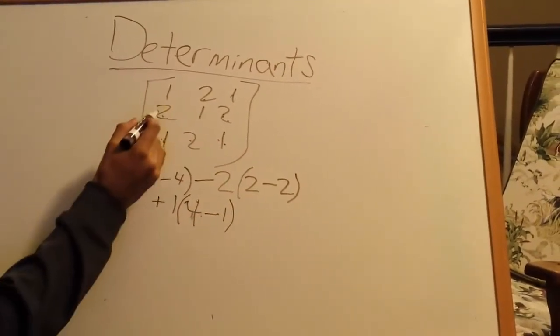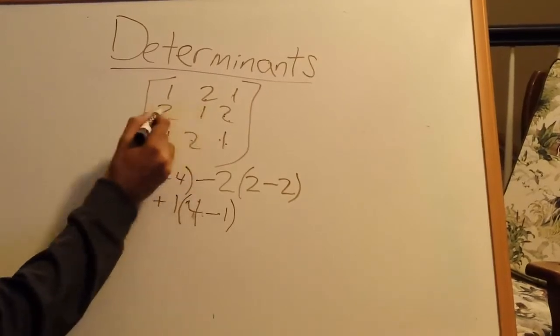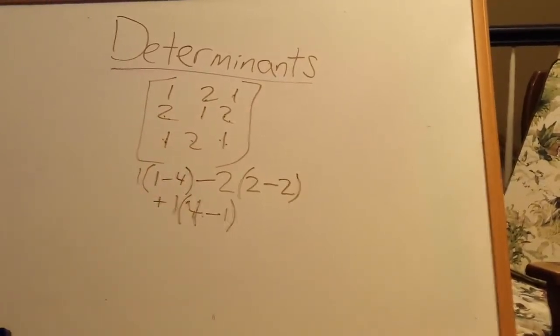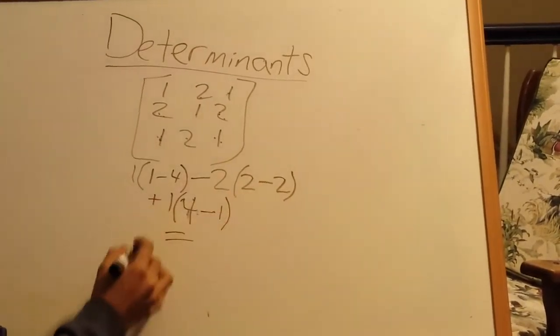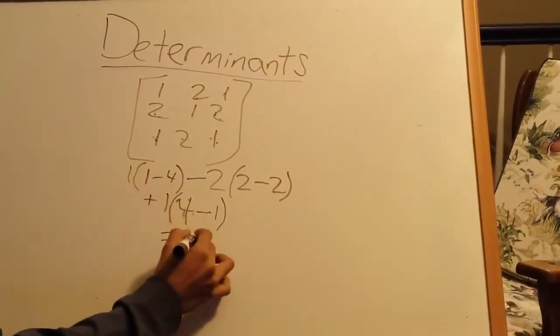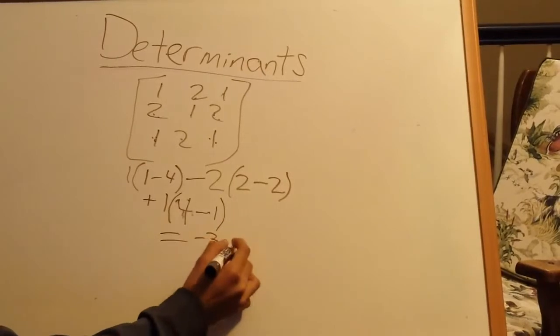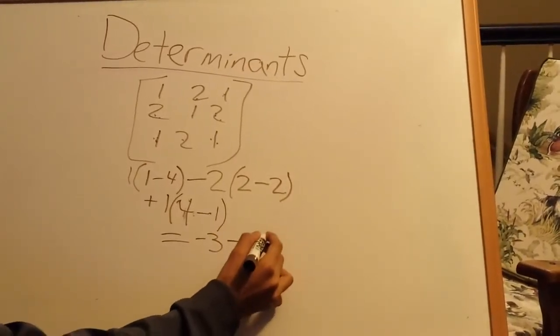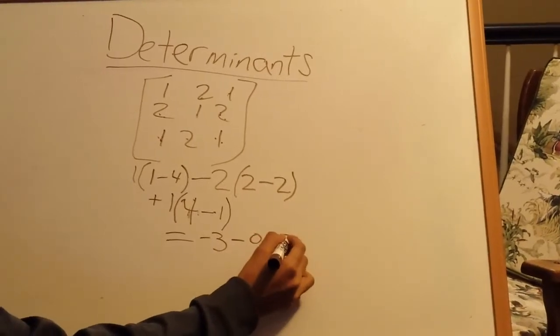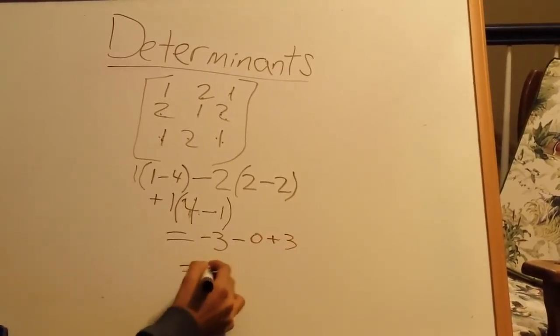So this is the final submatrix here, using these 4 terms. Then if we solve this expression, we get -3 minus 0 plus 3, which gives a total of 0.